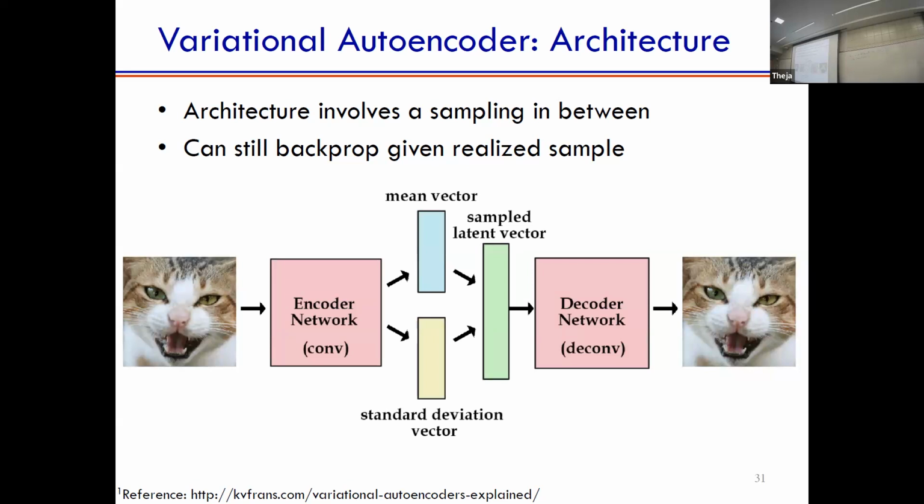Yeah. You said the mean and standard deviation were of the coordinates. So for example, if you have a 28 by 28 image with 3 channels, what is the dimension of the mean and standard deviation? You choose the dimensions here. Let's say I want my latent space to be only a 10-dimensional vector space. The mean is going to be a 10-dimensional vector, and the standard deviation vector is going to be a 10-dimensional vector.